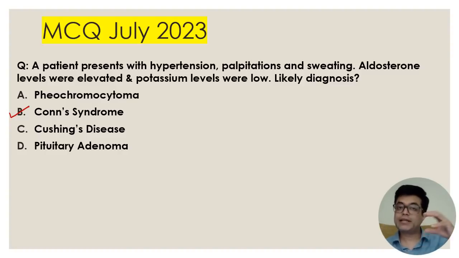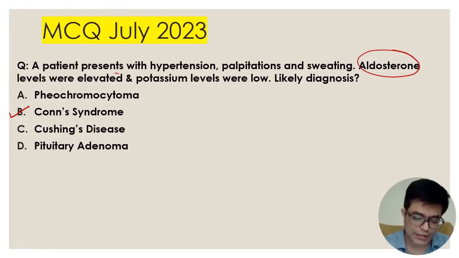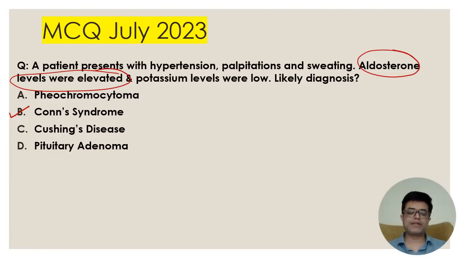If it is present in the medulla, that will cause pheochromocytoma. Pheochromocytoma will not have elevated aldosterone level. In this question, the examiner is clearly mentioning aldosterone levels are elevated. And if aldosterone levels are elevated, it is not likely to be pheochromocytoma. So the answer to this question is B, that is Conn syndrome.